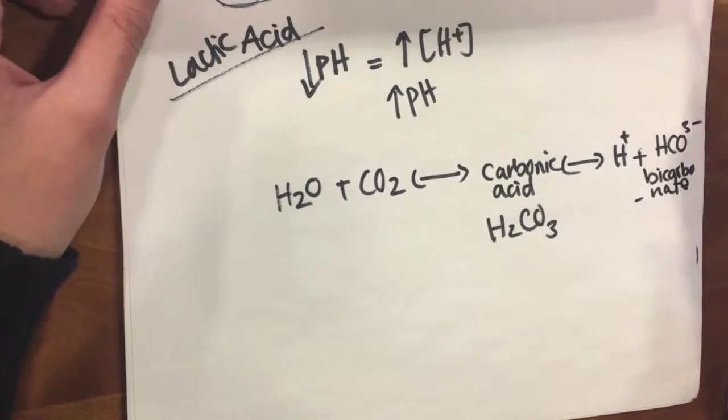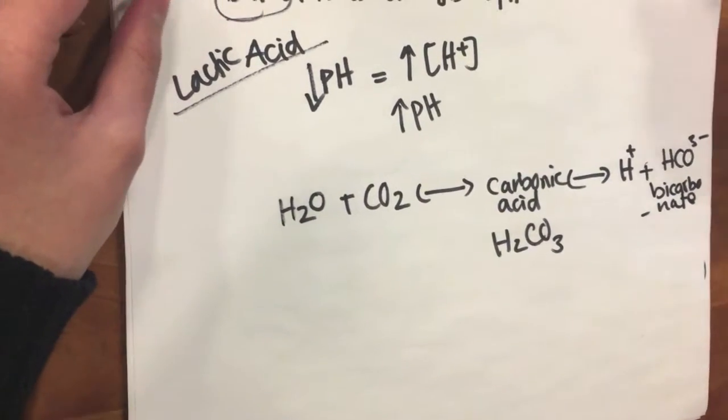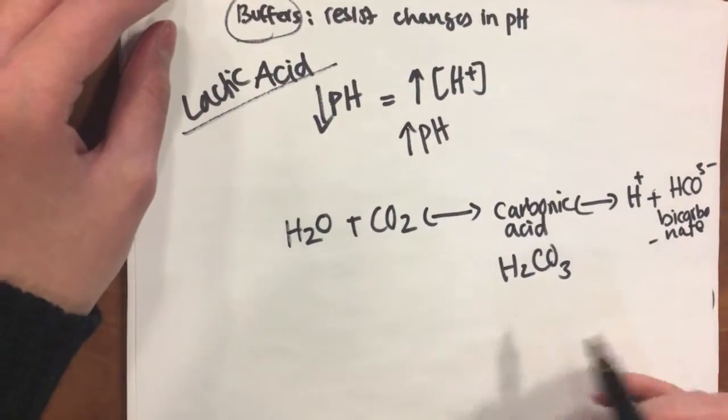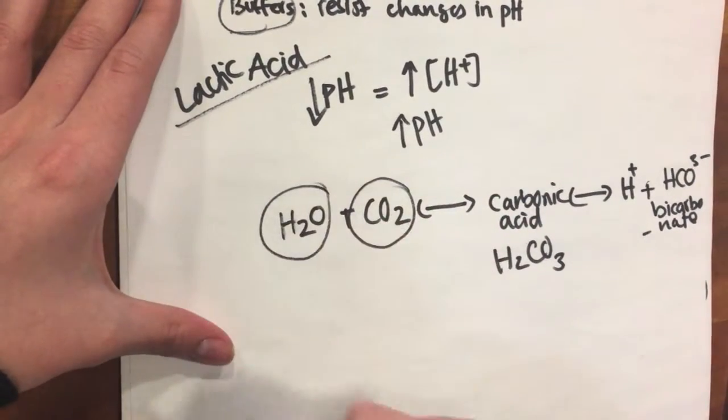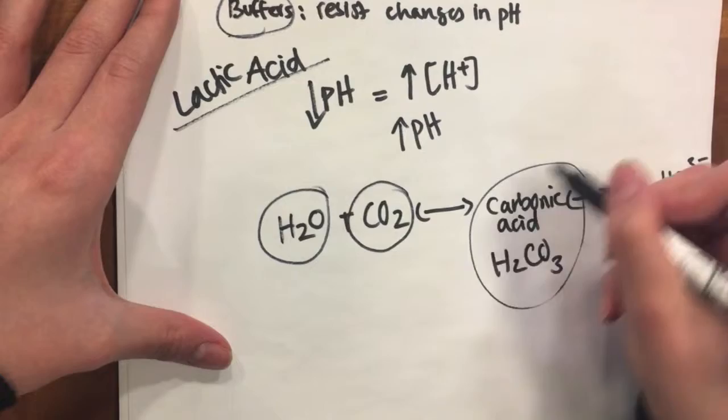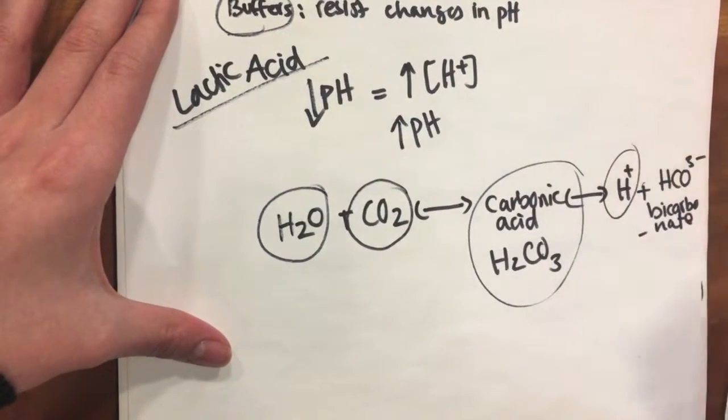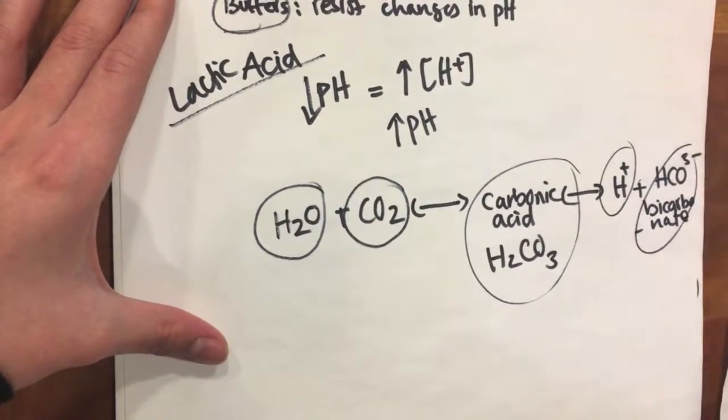So basically, bicarbonate is created as the result of the interaction between carbon dioxide and water that make carbonic acid, which dissociates into a hydrogen ion and, of course, bicarbonate.